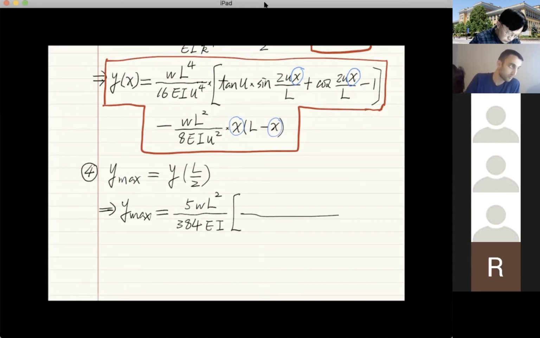And this expression is 12 upstairs, 12 times (2 sec u minus u squared minus 2), and then divided by 5u to the fourth.